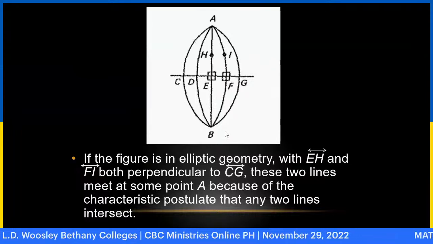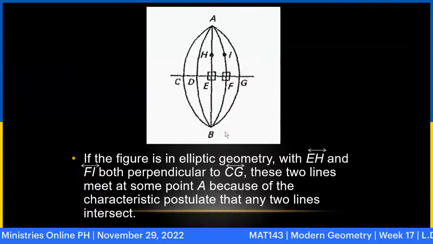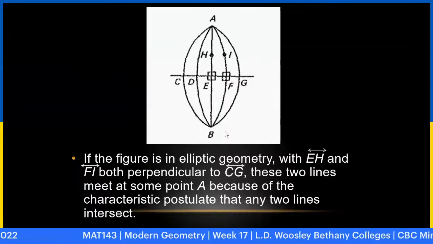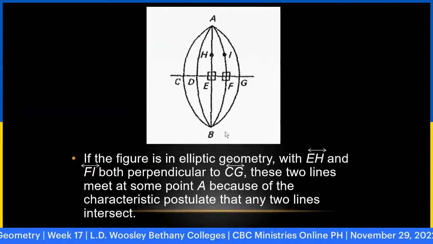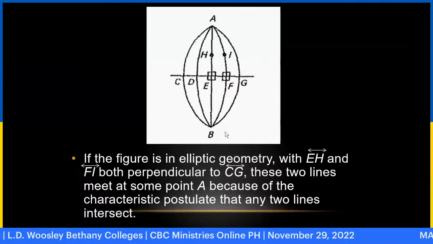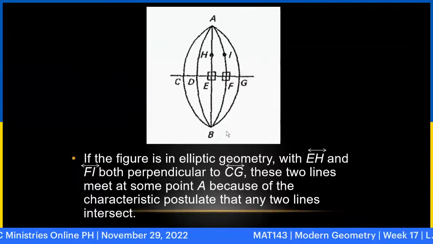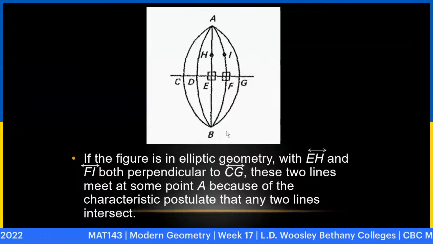All right? Just imagine your latitude, Michaela. The latitude in a flat map does not intersect. But if you put it on a globe, that's the reality. The latitudes intersect. Pag tinignan mo yung globo, saan mag-i-intersect yung mga latitudes ng mapa na nasa globo?